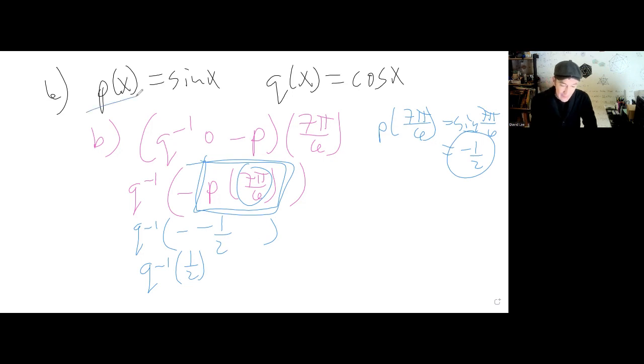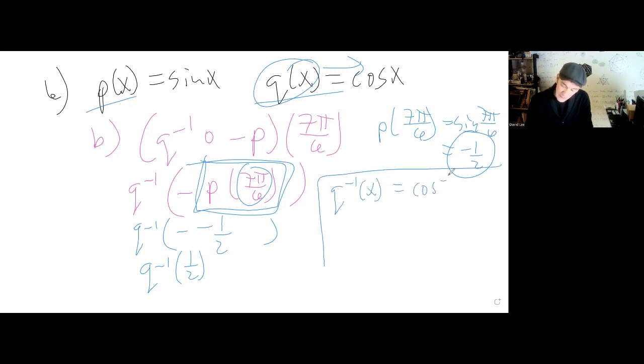I know P, I know Q, but this is Q inverse. So quickly build Q inverse. If Q is cosine, then Q inverse would equal cosine inverse. And they want you to take 1/2 and plug it in there.